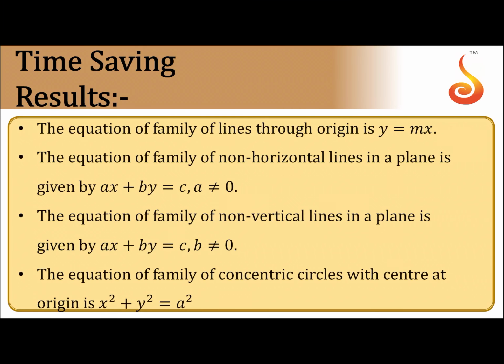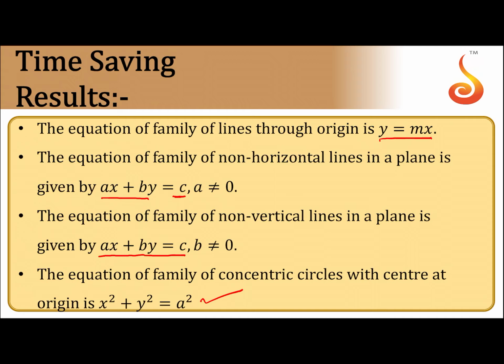The equation of the family of lines through the origin is y equal to mx. Equation of the family of non-horizontal lines is given by ax plus by equal to c. Equation of the family of non-vertical lines is ax plus by is equal to c. Equation of the family of concentric circles is x square plus y square equal to a square.